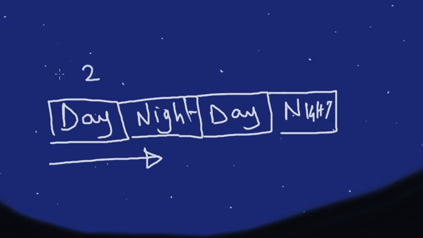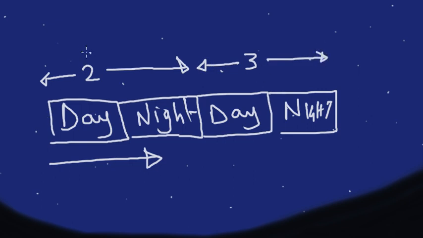All of this would be considered the second normally in the solar calendar, and then this would be the third, etc. So the day starts off, number 2 starts off from the day over here, and it ends at the end of the night over here.